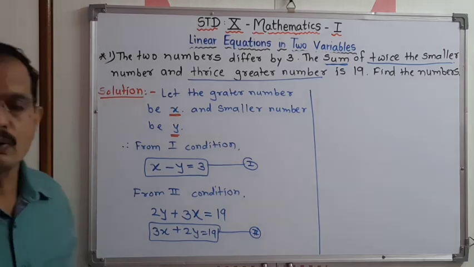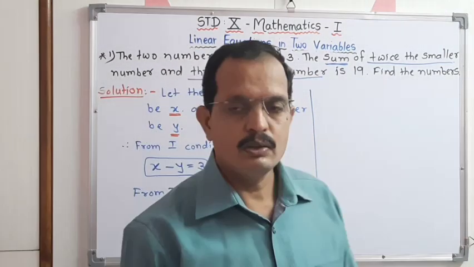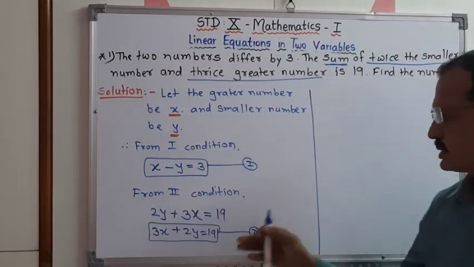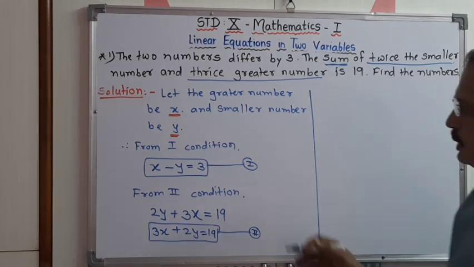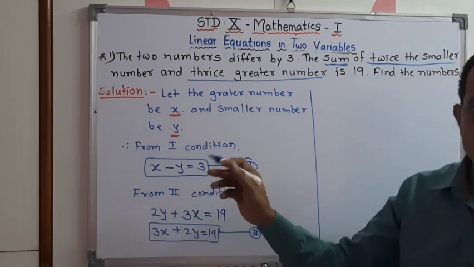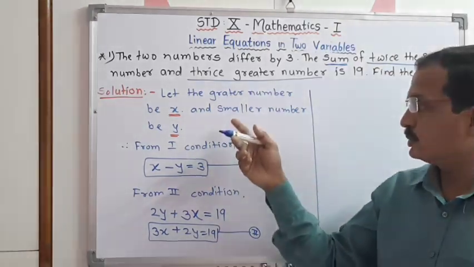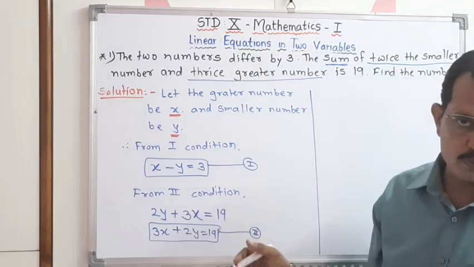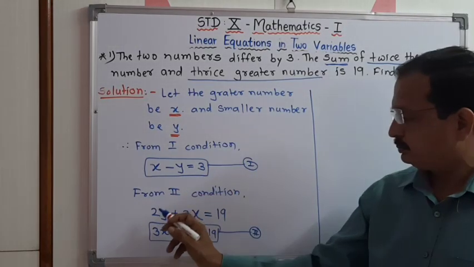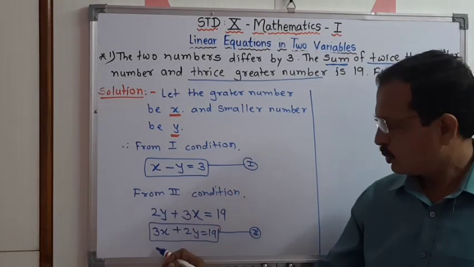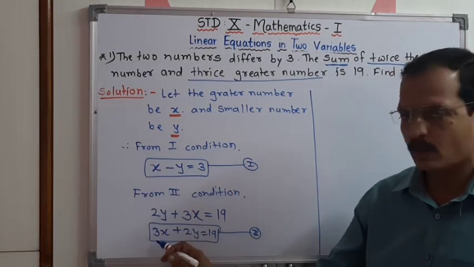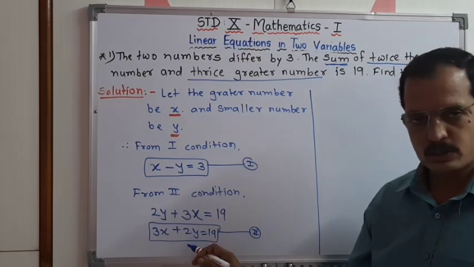Now, all of you know it is very easy to solve the two equations. For that purpose, any method we can use. We can use Cramer's rule. We can use elimination by equating the coefficient. Now see here the coefficient. Coefficient of x variable are not same. Y variable are also not same.